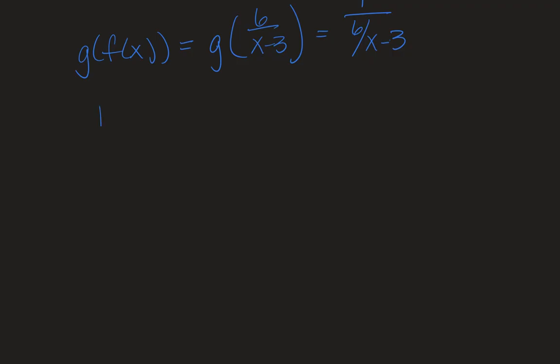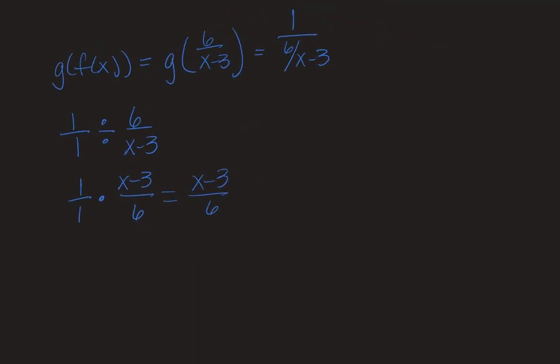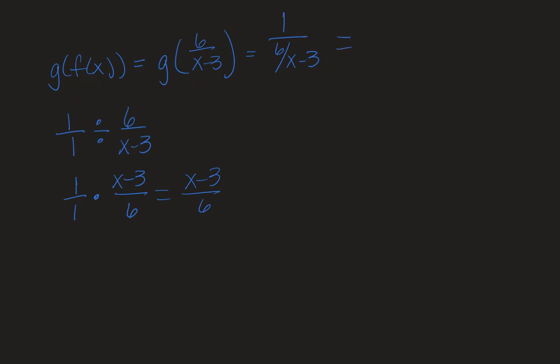So now I've got 1 divided by 6 over x minus 3. The rule is keep, change, flip. So it just becomes x minus 3 over 6.